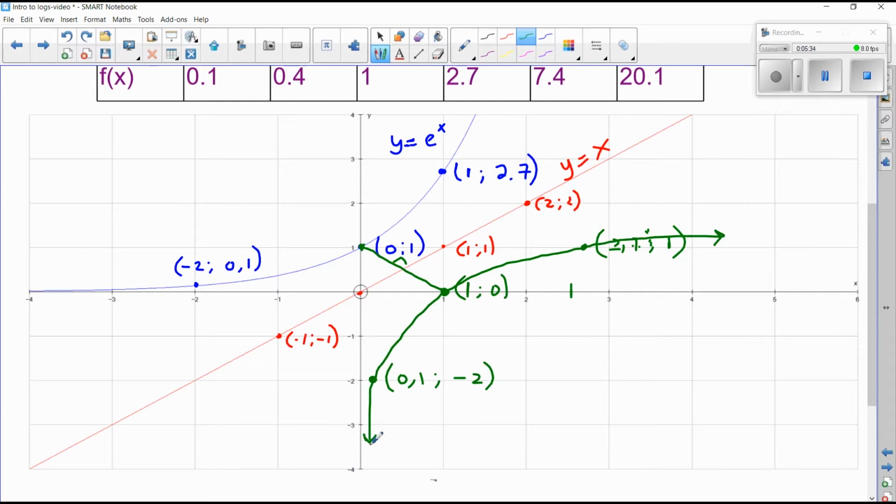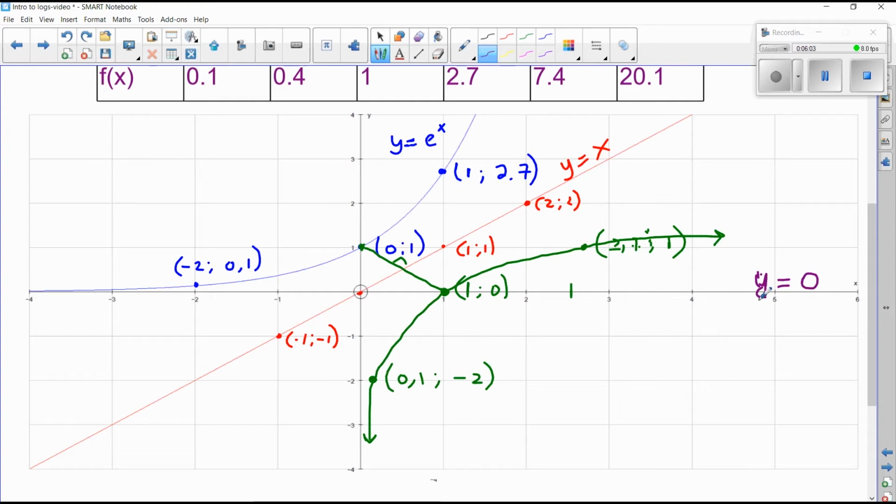Also, before we talk about the green graph, if we look at the exponential function, the asymptote, not the axis of symmetry, is the line y equals 0, the x-axis. For my green graph, the asymptote would be the y-axis.